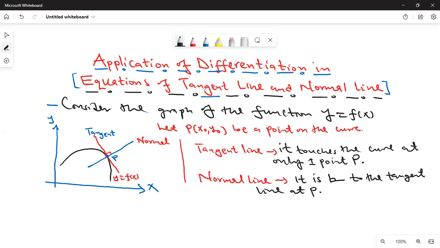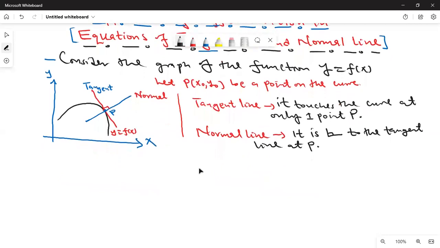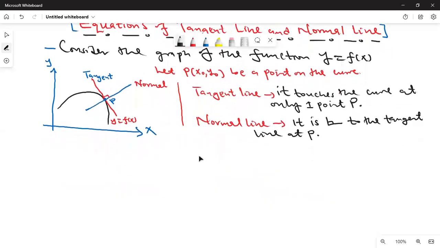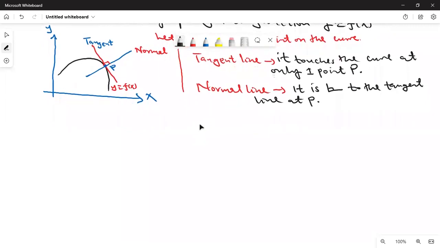Now, how do we apply the concept of differentiation to be able to find the equations of tangent line and normal line? If you want to know the slope of your curve at any point P(x, y), this is what you do.